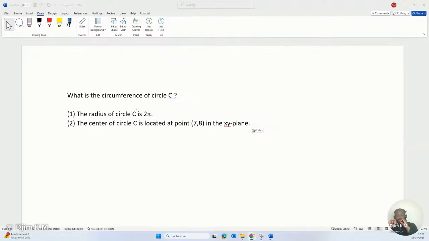So the circumference of a circle is equal to 2 pi multiplied by the radius.